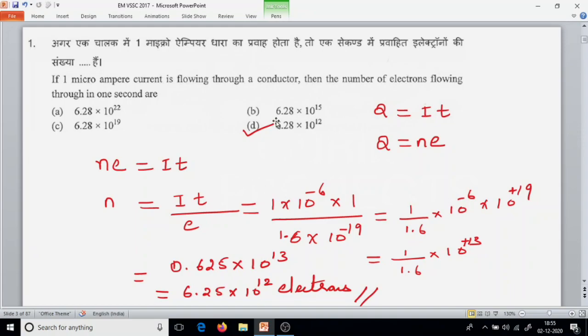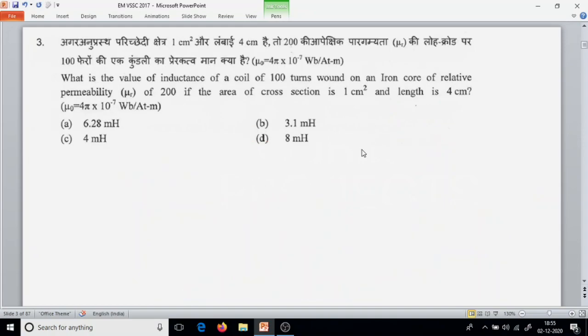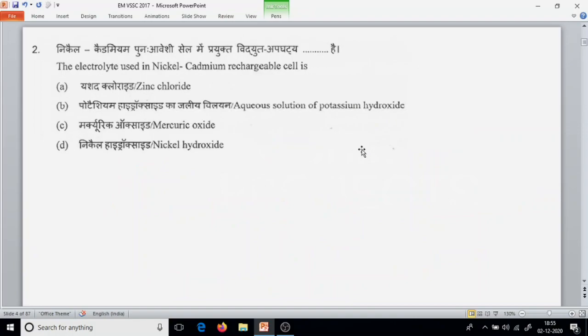Question number 2. Second question. Electrolyte used in nickel cadmium rechargeable cell is... What is the electrolyte in nickel cadmium cell?